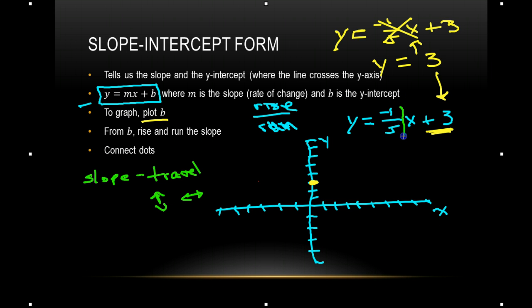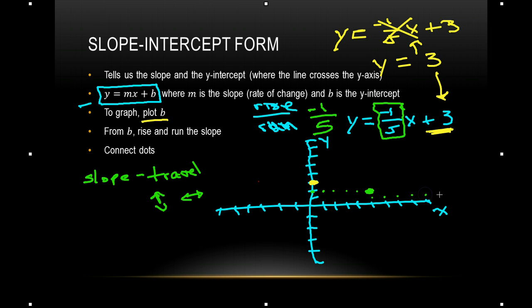So I rise a negative 1, and to rise a negative 1 means that we're going down, and then we run 5. So from this point, because it's how I go from one point to another point, I go down 1, and then over 1, 2, 3, 4, 5. Where I end, that's another point on my graph. I can do that again, go down 1 and over 1, 2, 3, 4, 5.